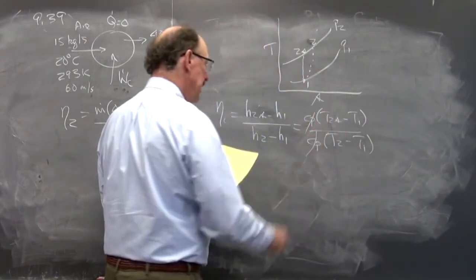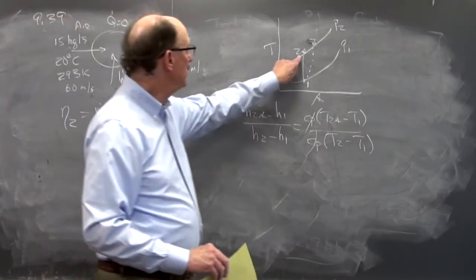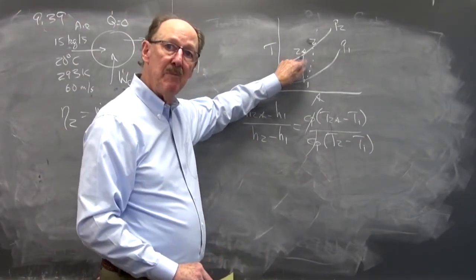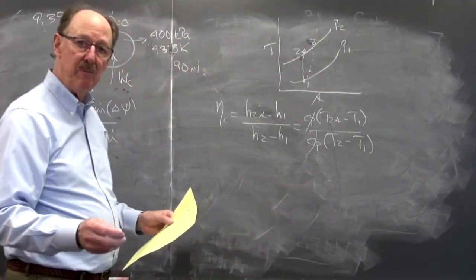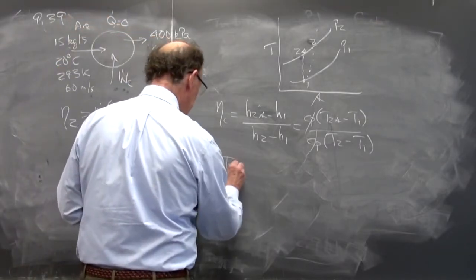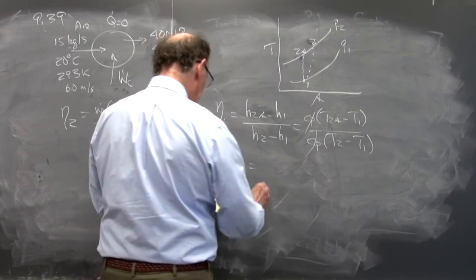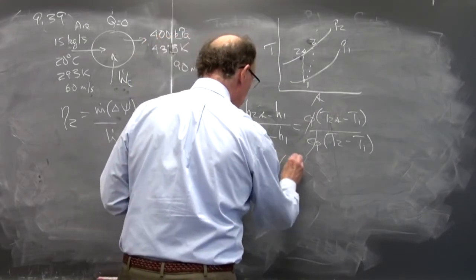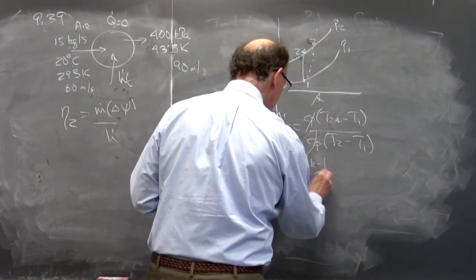The C sub P's cancel out. So what I need to do is find this temperature. It's a reversible adiabatic process to the same pressure, so we can apply the reversible adiabatic laws from chapter 6. And we have that T2S is equal to T1 times P2 over P1 to the K minus 1 over K.